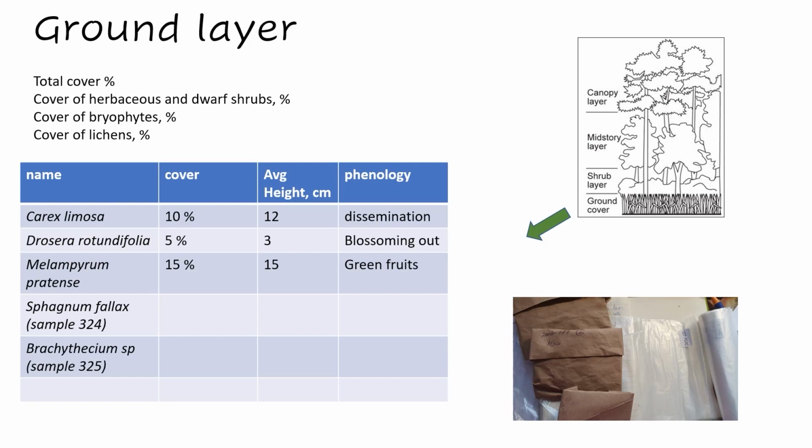and again phenology. So my advice is, first of all, to make the list of all plants from the plot, then come back and give their characteristics, the average height, the average phenological status, and then give them percentages.